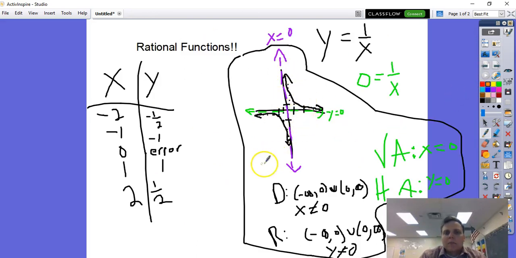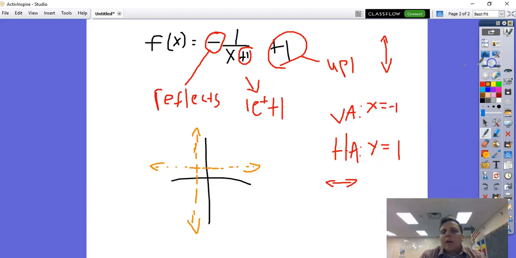Top right, bottom left. But I'm reflecting, so instead of being here and here, the curves are now going to just simply be here and here.